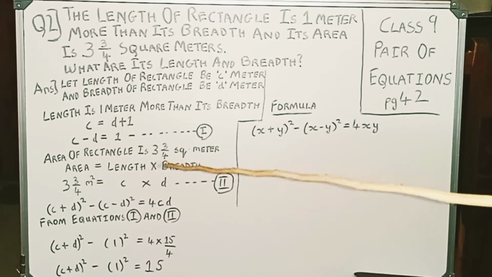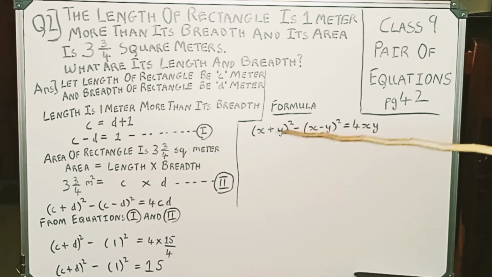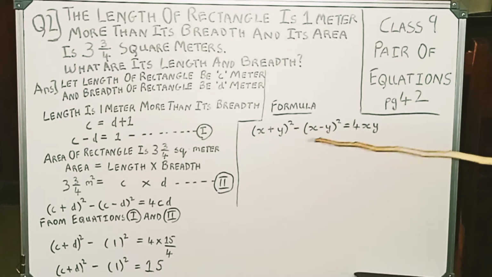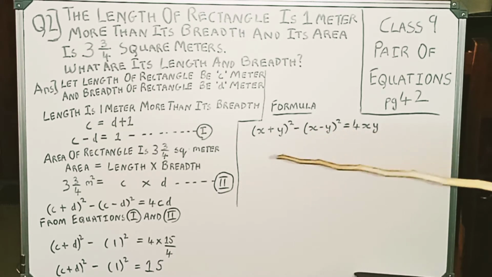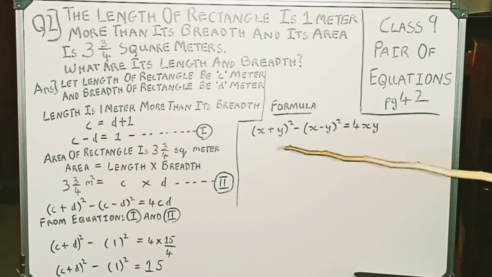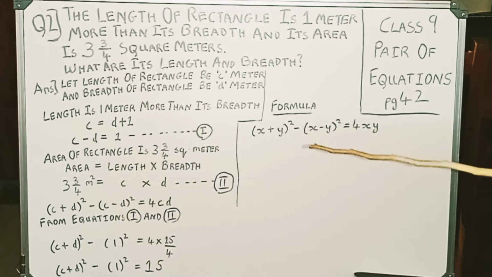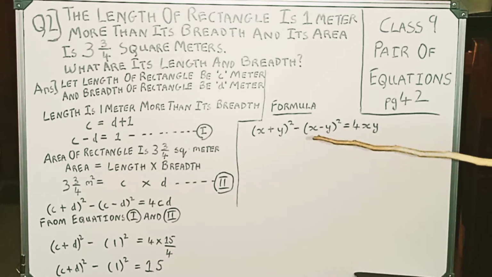Then we had learned in class 8 this identity, which you need to learn by heart: x plus y the whole square minus x minus y the whole square is equal to 4xy.